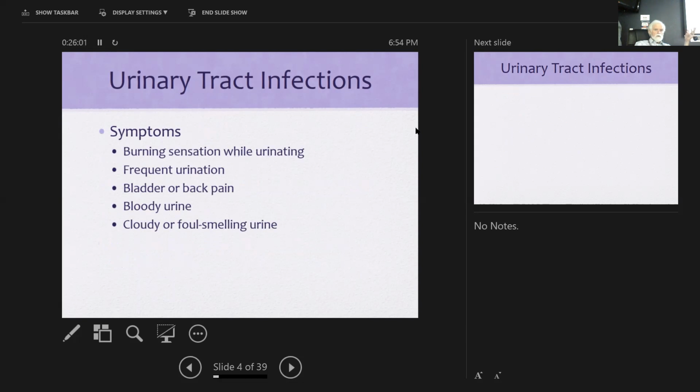Kidney infections are an extreme form of urinary tract infection where the bacteria have moved up the ureters and into the kidney. And that is really associated with a lot of back pain. You can have bloody urine, cloudy, foul-smelling urine, or the urine can be clear, or there can be no blood at all.